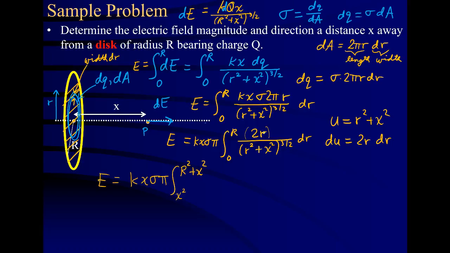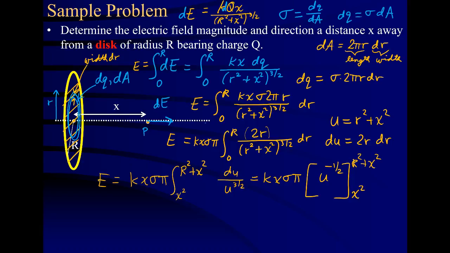Then we're going to have 2r dr is basically du, and that's going to be over u to the 3/2. Now we know how to integrate that. We have our constants, and that's just going to turn into u to the -1/2 evaluated from x squared to R squared plus x squared.